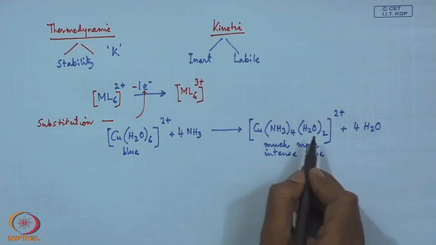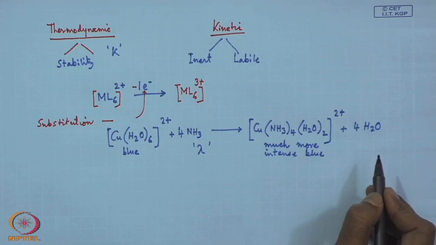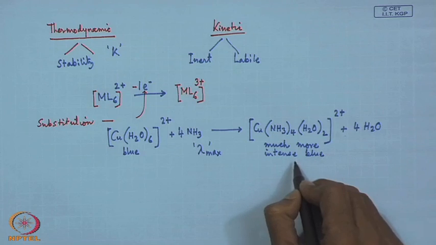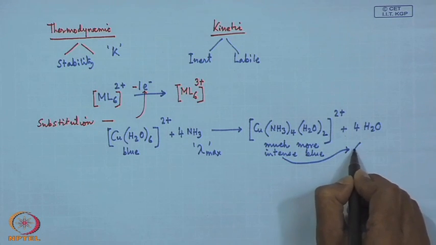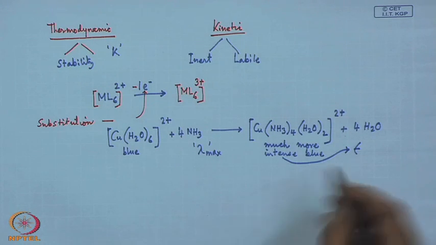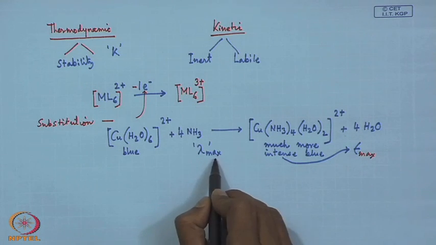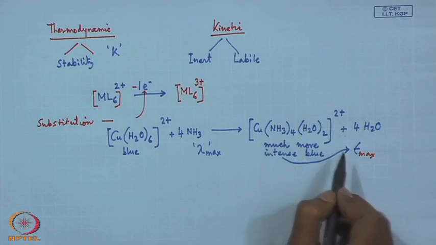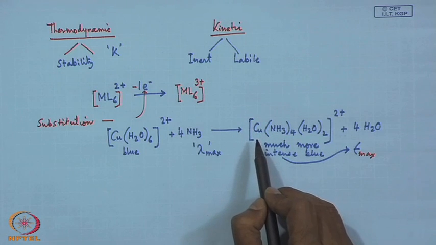So, if there is a slight change in the corresponding lambda values with a change in the corresponding epsilon value, that means the intensity is changing, the molar absorptivity is changing, that means the epsilon max is changing. So, by looking at the corresponding lambda max and epsilon max for this compound, we can monitor the formation of this particular reaction very quickly.